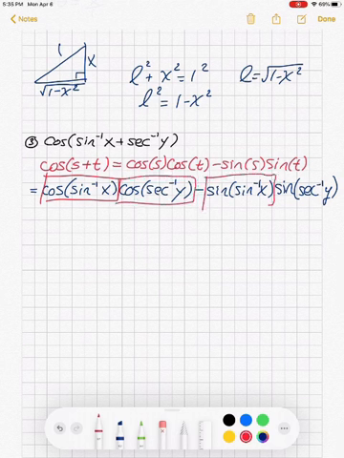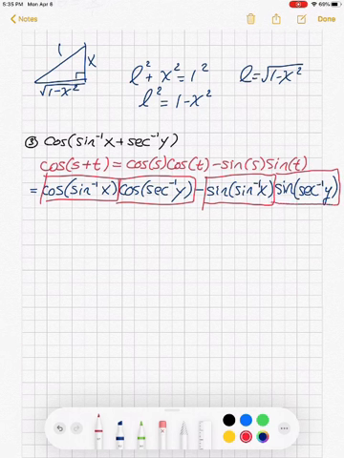But actually what you'll notice is I only have 2 inverse trig functions here, right? I've got inverse sine, and then I've got inverse secant. So I actually only need 2 triangles. So I guess I should set this up.